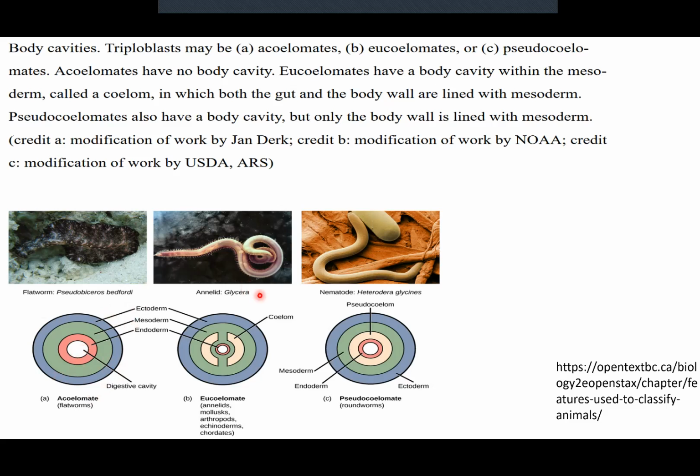In the middle, we have a coelomate, an annelid, which, as you can see, is again triploblastic. It has an ectoderm, a mesoderm, and an endoderm. And then its coelom is completely enclosed by mesoderm-derived tissues.